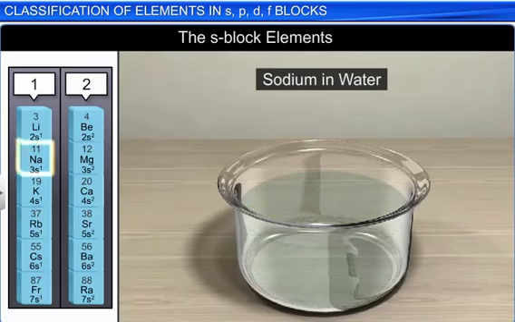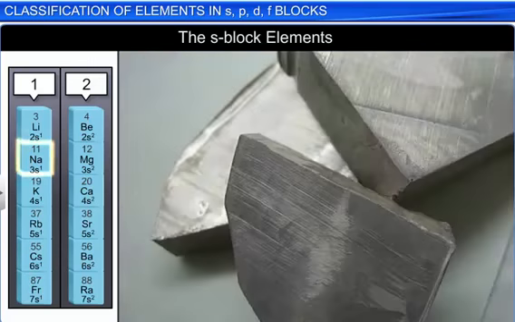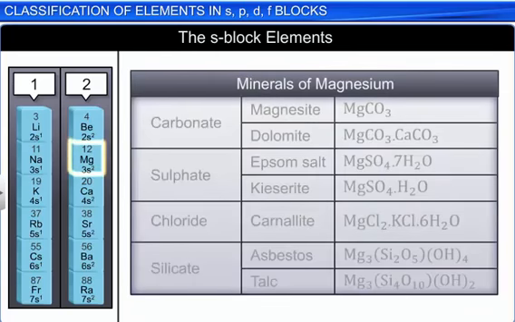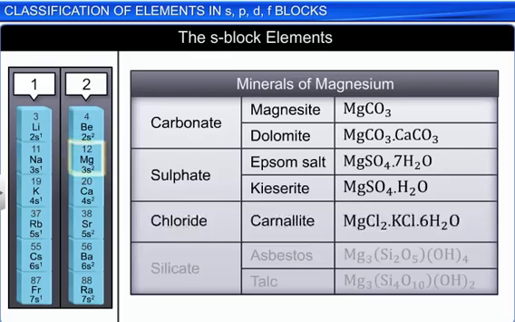They always occur in combined form in nature. For example, magnesium occurs in the combined state as carbonates, sulfates, chlorides, and silicates, but never as pure magnesium. The metallic character and chemical reactivity of s block elements increases as we go down the group.